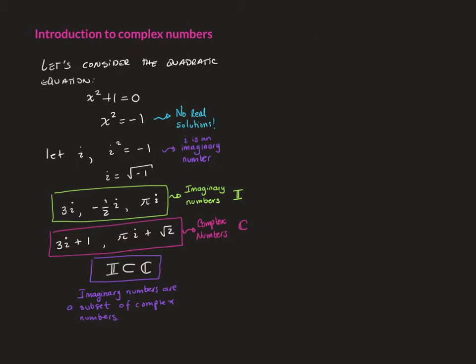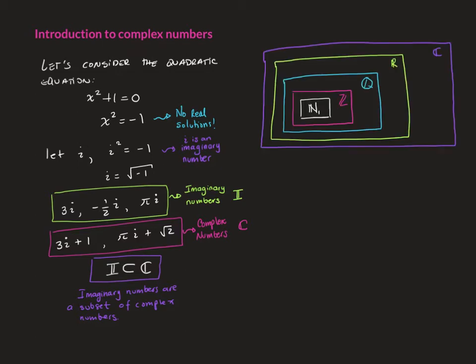We can represent this information in the following set diagram. So in this diagram, we have the natural numbers that we know. The natural numbers, we use them to count, so it's going to be the numbers 1, 2, 3, etc. When we combine those numbers with 0 and the negative numbers, that's when we get the whole set of integers.